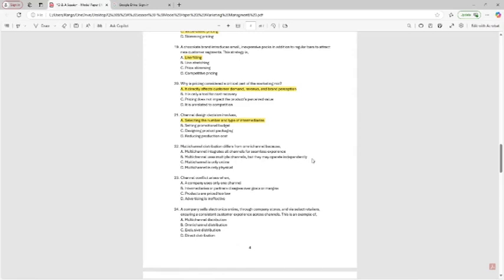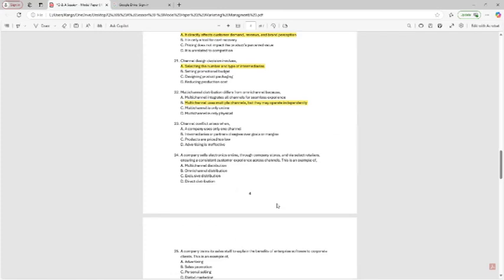So answer is B. Both use different channels, but the difference is in omni-channel all the channels are interrelated, but in multi-channel there are so many channels, but all operate independently. Multi-channels also have multiple channels, but they operate independently. So that is the difference.